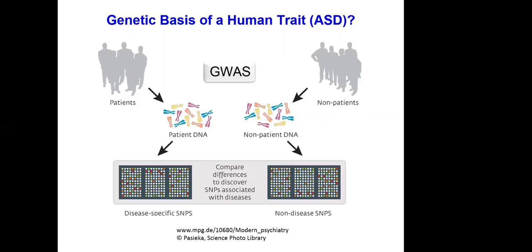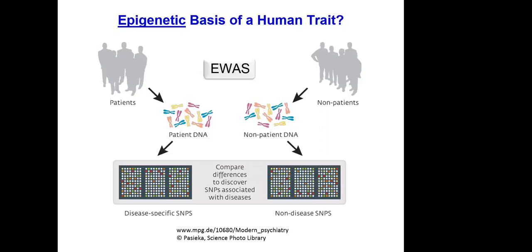And then somewhat complementary, similar concept in a way, is EWAS. That's epigenome-wide association study. So there you want to say, what's the epigenetic basis of a human trait? Similar concept, but the biology is quite different. And one thing about epigenome-wide association studies is that essentially all of the epigenome-wide association studies in the past, with one exception, were based on DNA methylation.